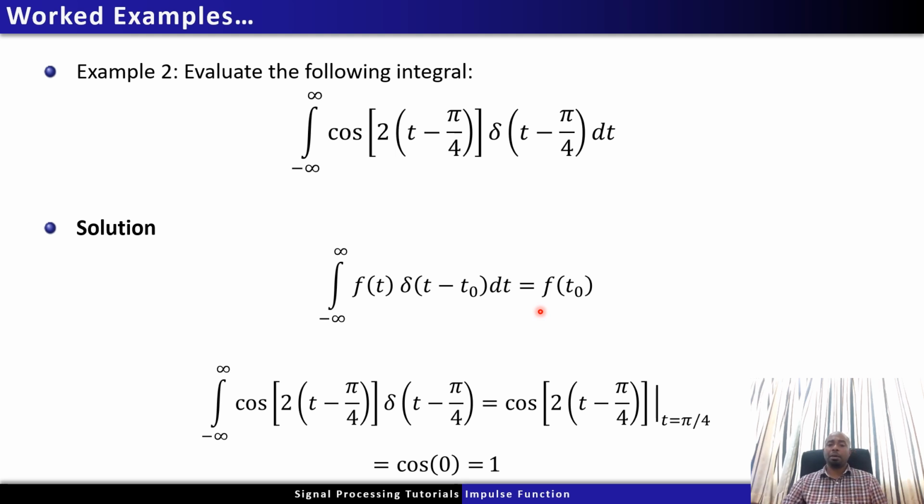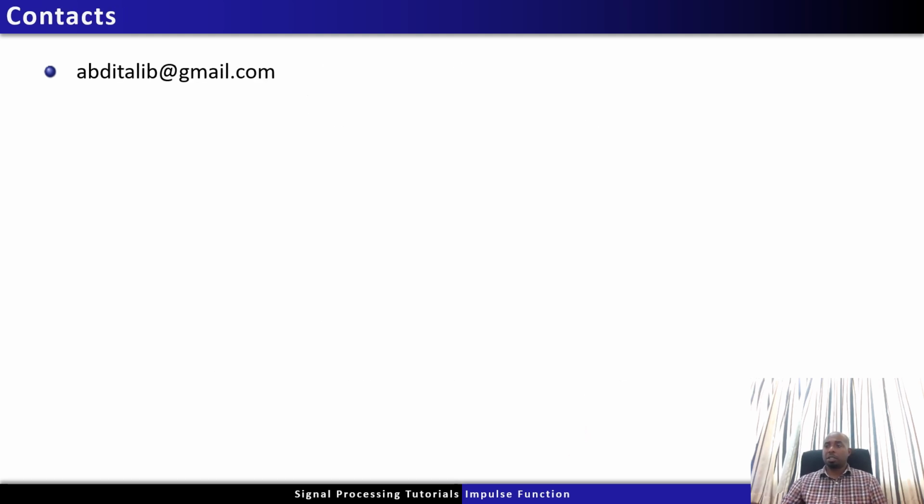So plug in the values of the function, which is cosine of 2 times t minus pi over 4, and then evaluating at pi over 4, again this becomes cosine of 0, which is equal to 1.